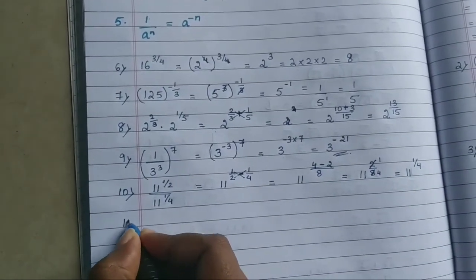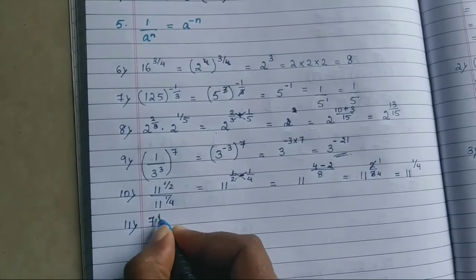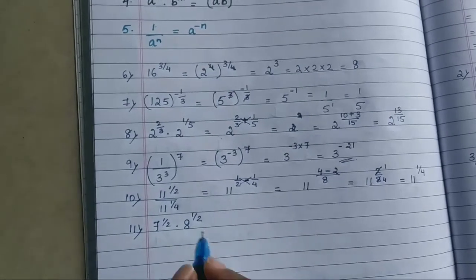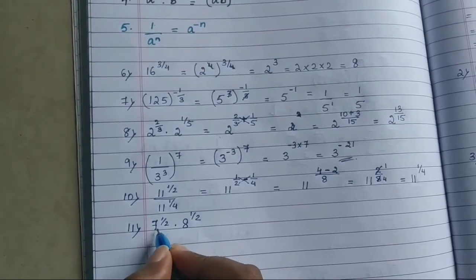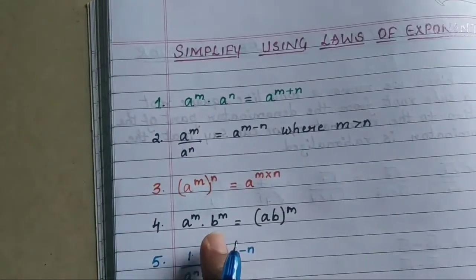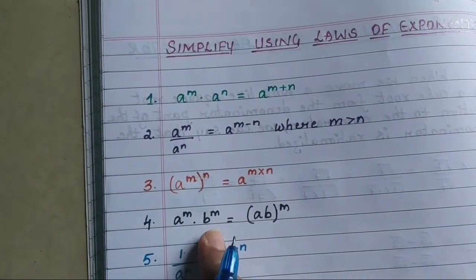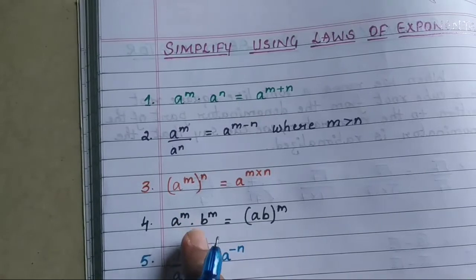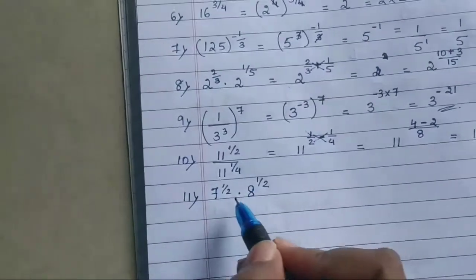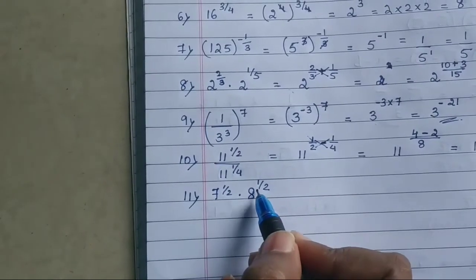Next, the last one, 7 to the power of 1 by 2 into 8 to the power of 1 by 2. Here we are getting the bases are different. Okay, so we are having one more formula where the bases are different, that is a to the power of m into b to the power of m. Here we can see exponents are same. Similarly, here we will have exponents are same.